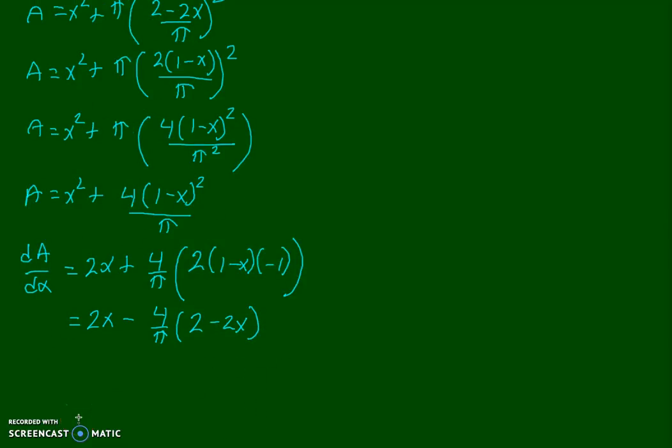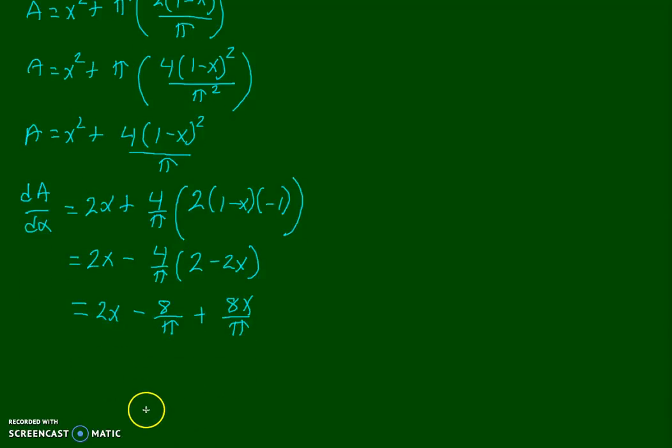So let's go ahead and distribute this 4 over pi. This gives us 2x minus 8 over pi plus 8x over pi. Now we can group these two terms together.